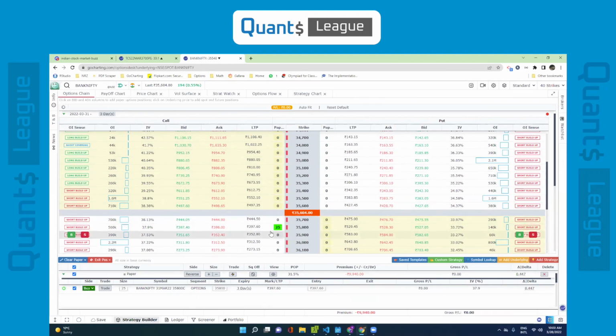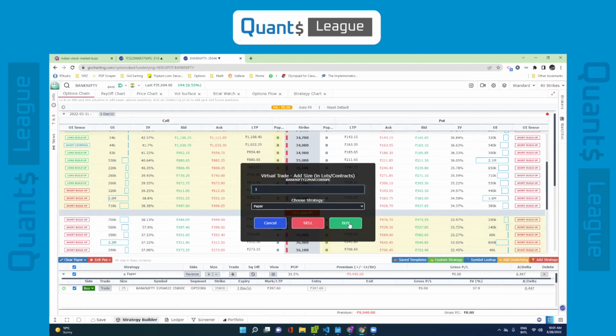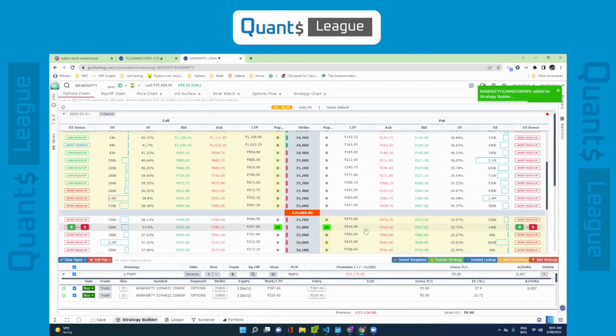The moment I took a position here, this showed up under the paper column, and it is telling me that I bought 25 quantities or one lot of Bank Nifty at this level, which is 35,800. Similarly, to create a straddle, I'm going to click here and buy another similar quantity, but on the put side, and now I have a 35,800 straddle created on both sides. So this is how simple I can create a straddle.